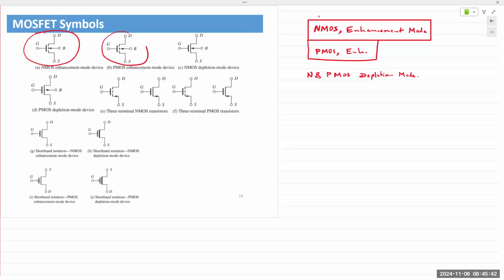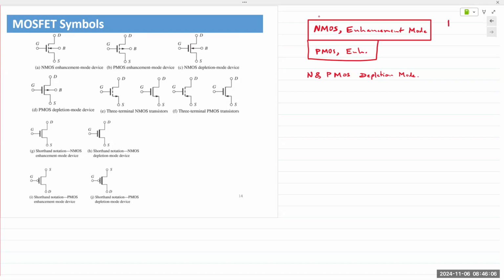PMOS is right next to it. If the arrow is pointing inward into the device, then it's N type. When it's coming out, it's P type.